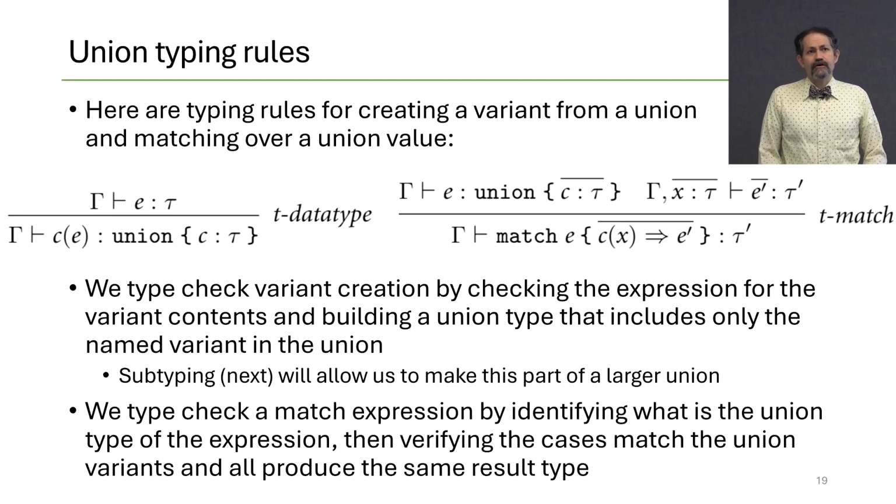Now notice that all of the X's and taus and E primes can be different, right? For every branch of the match statement, we might have a different type for the constructor, so X has a different type. The names of X can be different. X is just a stand-in for whatever the programmer wrote. And of course, the expressions can be different. But they all have to return the same type tau prime, because no matter which branch is taken, we want to be able to predict what the result is and have that be consistent.